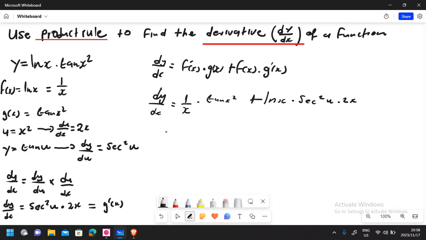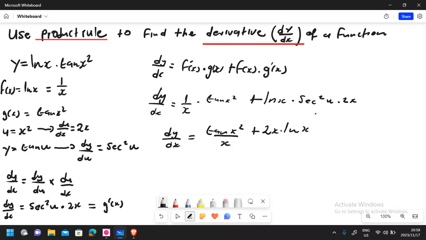Alright, let's rewrite this in the right format. If you see 1 multiplied by tan x squared, it's going to be tan x squared over x. And then plus, here we have 2x, multiplied by natural log x.